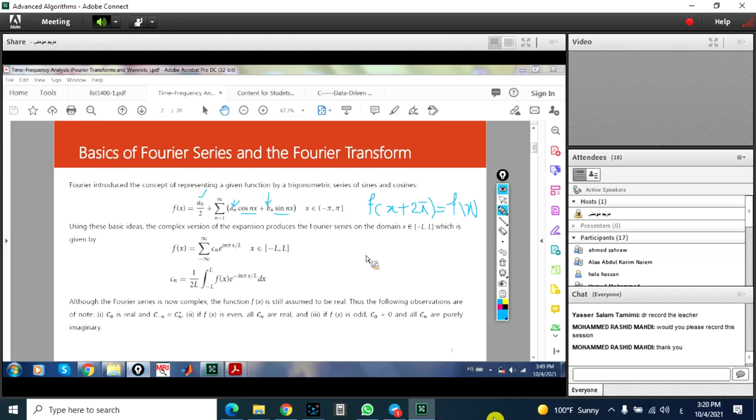For instance, a0 for this function is like this. I again remind you that I'm using a mouse, so if my handwriting is not so good, it is because of this. Okay.